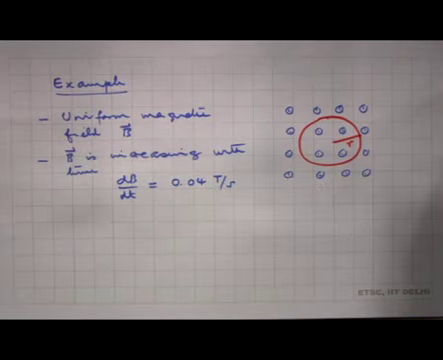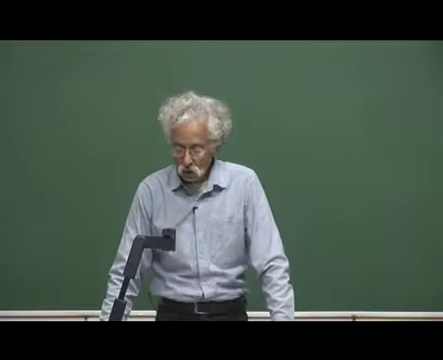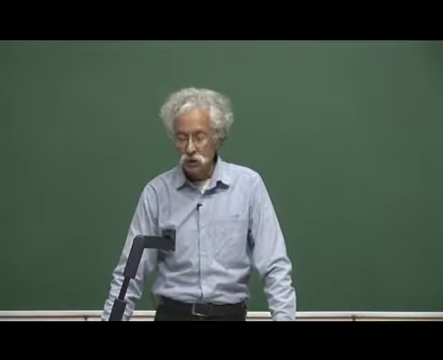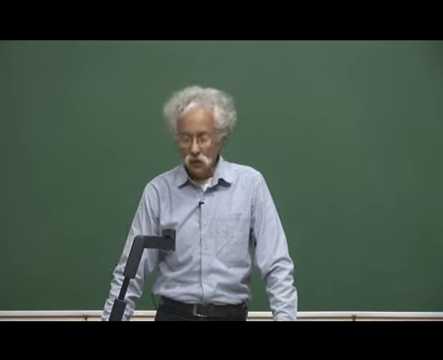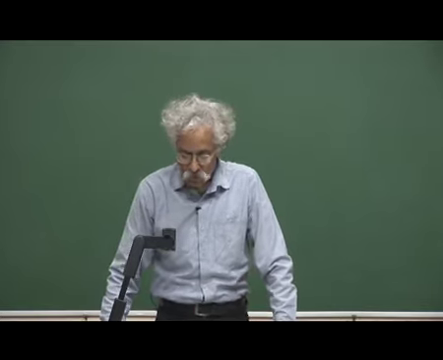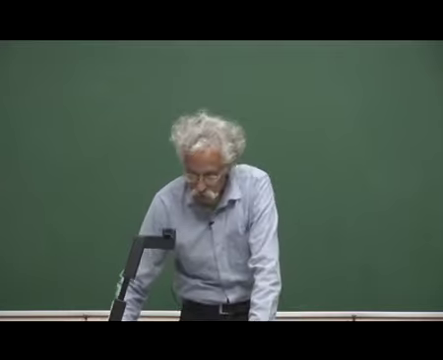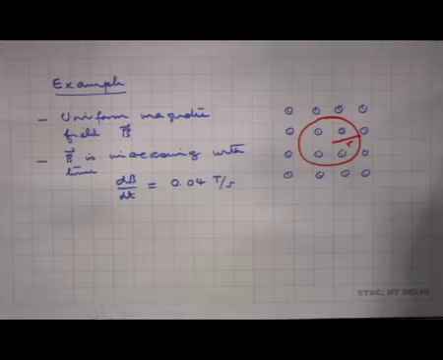This uniform magnetic field could be produced by a solenoid, within which there is a uniform magnetic field, or by some mechanism I generate a region with a uniform magnetic field, and the rate of increase is 0.04 Tesla per second.